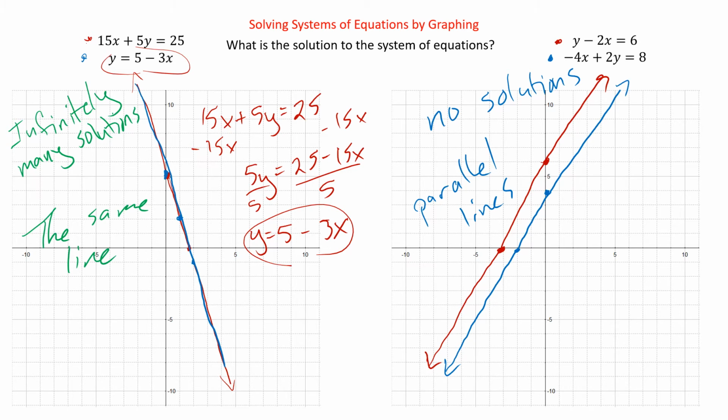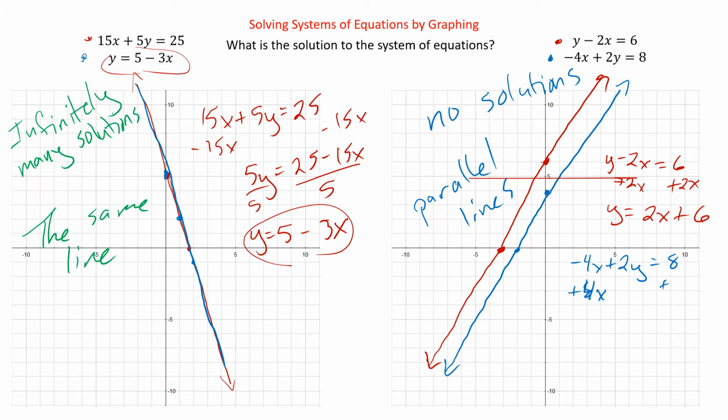The red one, y minus 2x equals 6, we can add the 2x. So y equals 2x plus 6. And for the blue one, we have negative 4x plus 2y equals 8. We can add the 4x to get 2y equals 4x plus 8.